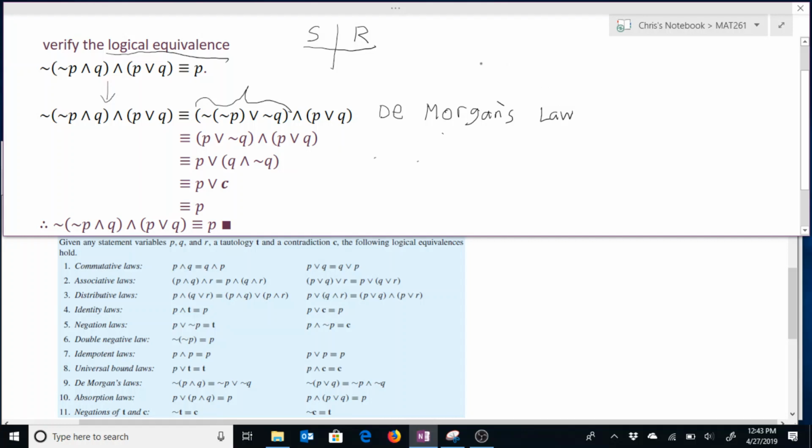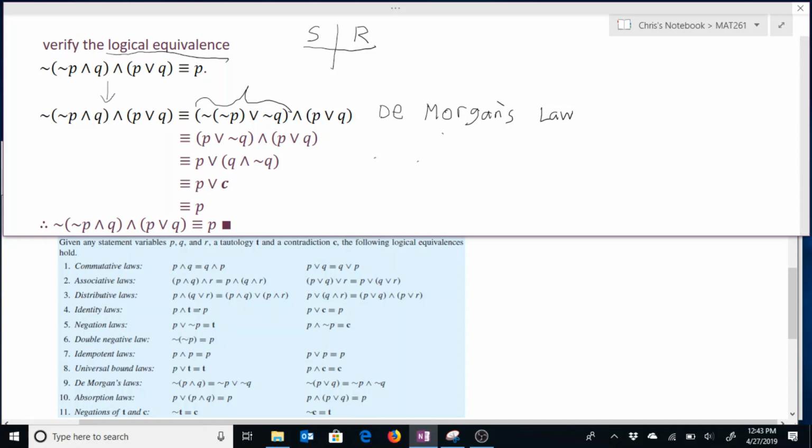And then our next line shows the logical equivalence of this statement that we just had with now (P or not Q) and (P or Q). So that one, in essence, took that negation of not P and wrote that as just P. That's the difference between these two statements.